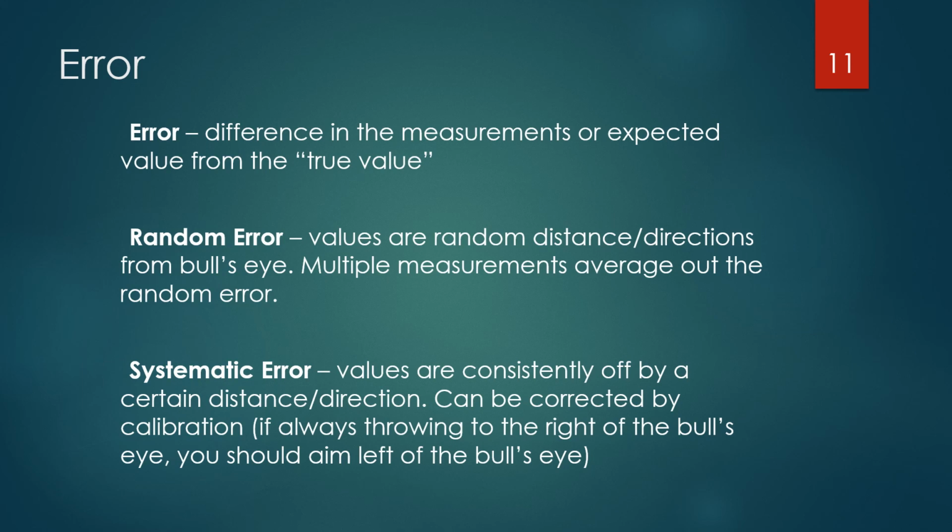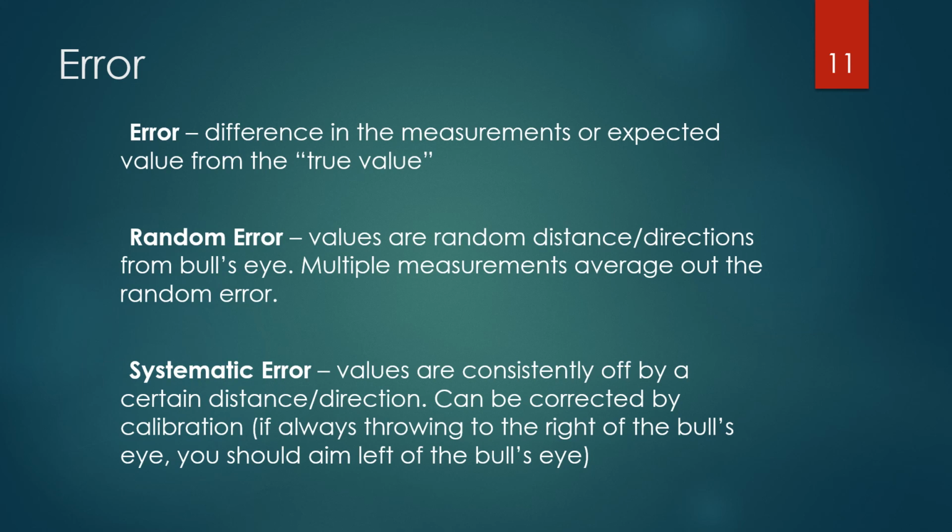Now, random error is a type of error in which values are random. Random error is something that you would see in lab quite often. It often depends upon the ability of the person doing the experiments and how familiar they are, or how closely they're following directions.